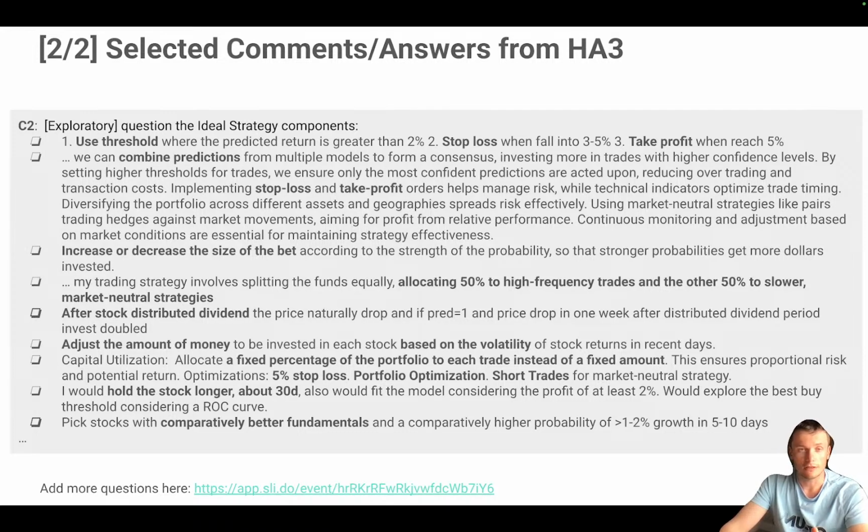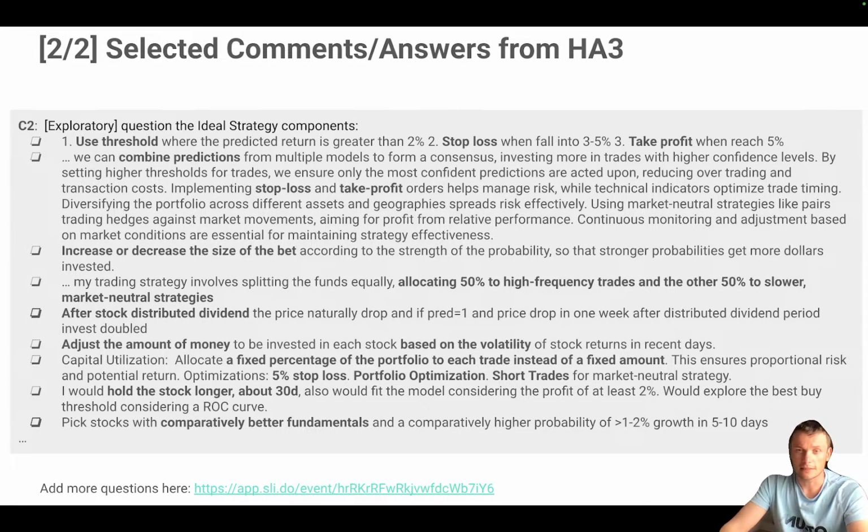We are using what is known as Kelly's criterion. When the probability of growth is higher, we will have a higher weight for the stock. There can be hundreds of ways of doing this. I use a simple formula, and I will cover it later. Someone said that they are allocating 50% to high frequency trades and 50% of their capital to slower market neutral strategies.